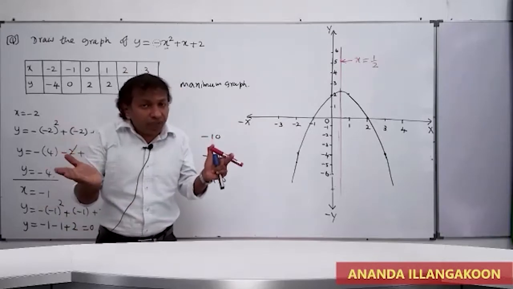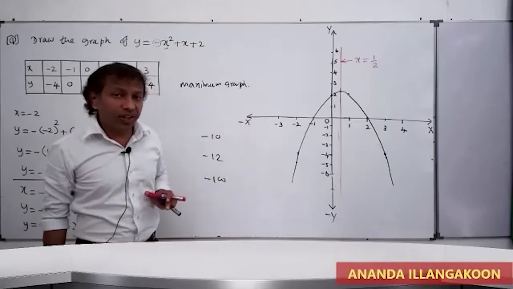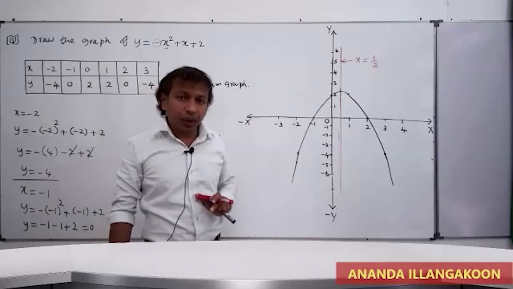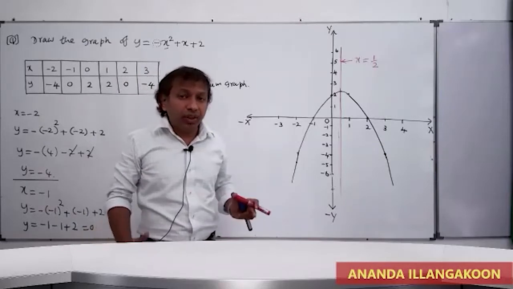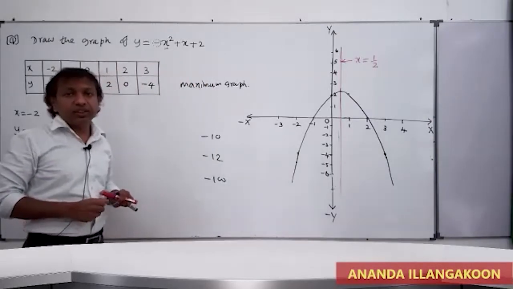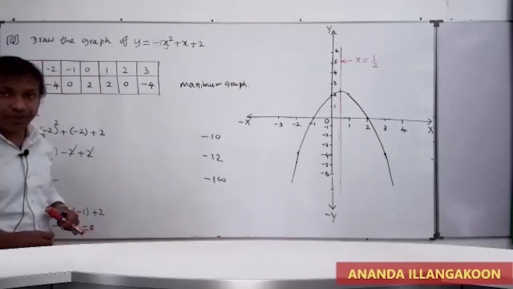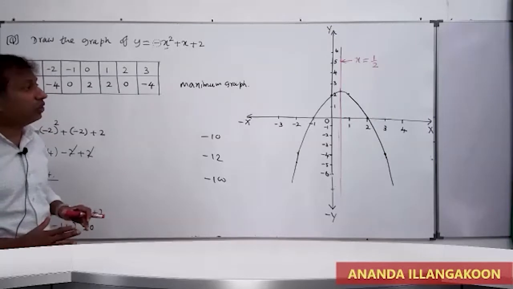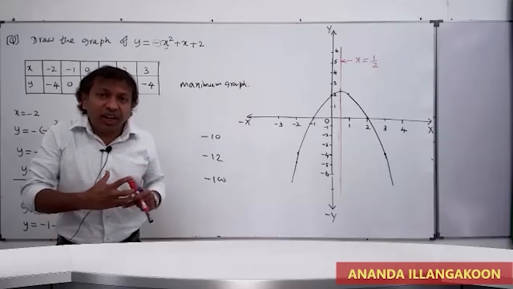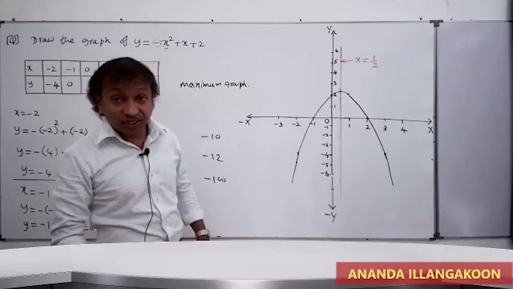And the other thing is, the graph can cut the x-axis at 2 points. At those points, the x coordinates are called the roots of the graph. Understand? Okay. Now we have some idea about the shapes and properties of the graph of a quadratic function. They are very important when you work out questions in A level. Because if you don't have this idea and we go straight to the lesson, in the future theories you can't understand well.